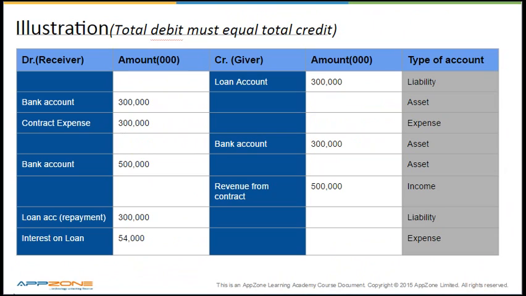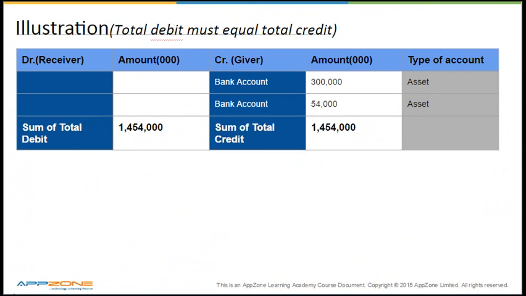Also, we have an interest on loan account, which will also be receiving the interest on the loan. Remember, the loan was given at 18%, so 18% of 300 million will amount to 54 million naira, and that is the interest on loan. That interest will be receiving the 54 million, and as such will be debited to that book. The credit, of course, will go to our bank account.